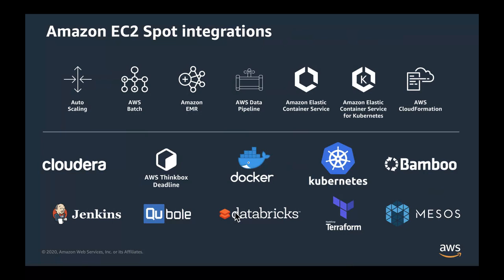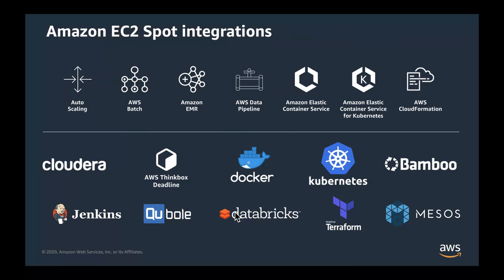There are a large number of customers taking advantage of Spot today. Spot is continuing to grow and evolve every day since we have simplified the Spot pricing model, created more automation tools, and launched the integration of Spot with various AWS services.